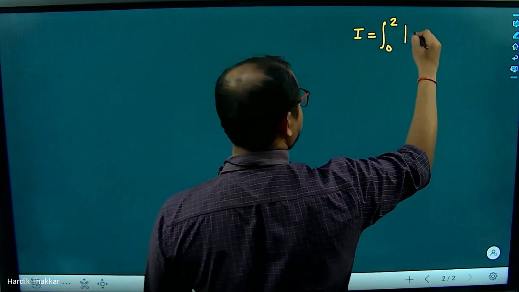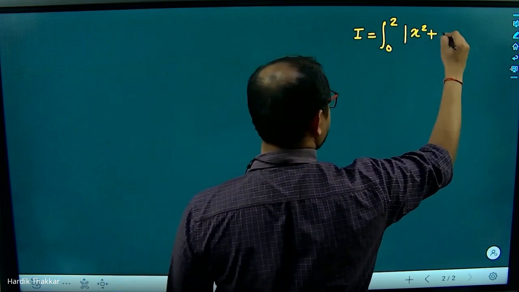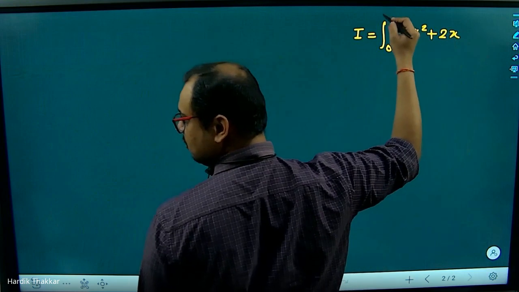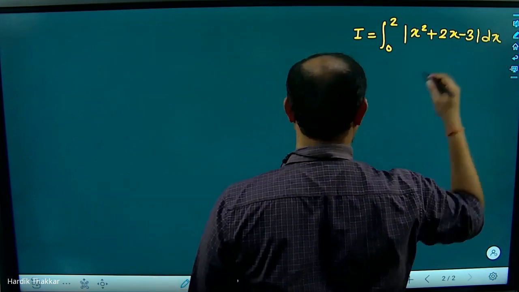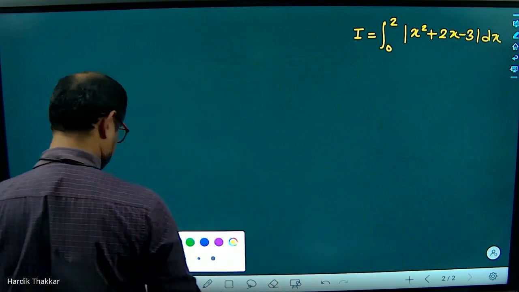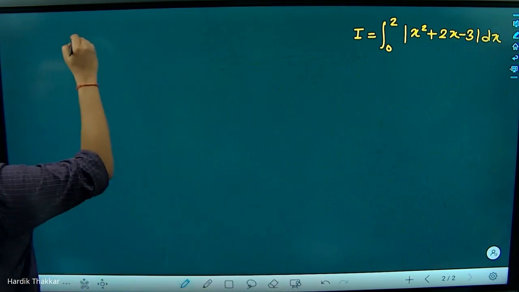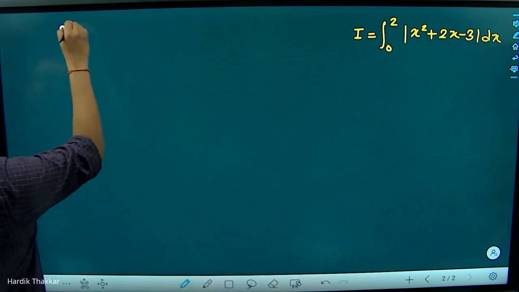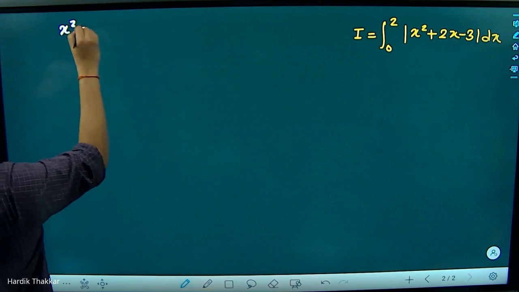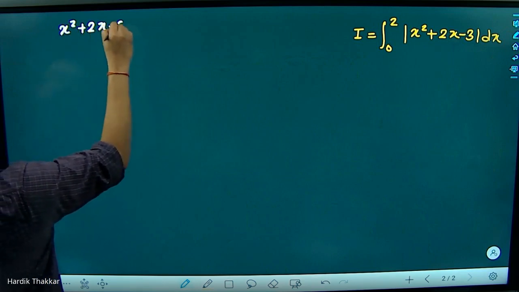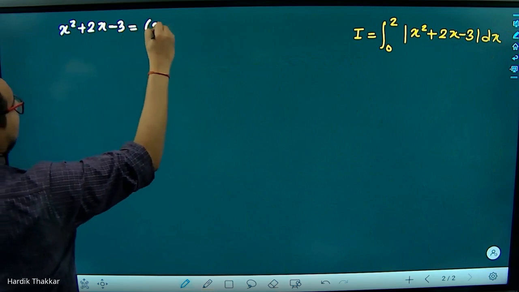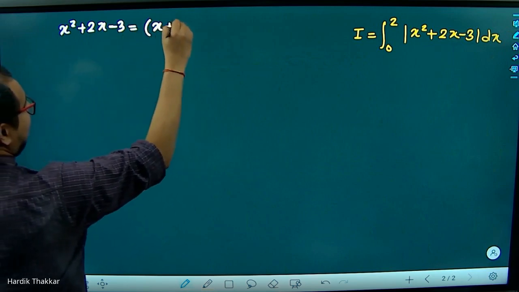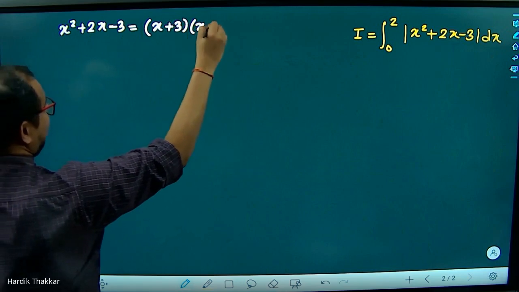Mod x square plus 2x minus 3 dx. So the first step is we have to factorize x square plus 2x minus 3, and we will get the factors x plus 3 and x minus 1.